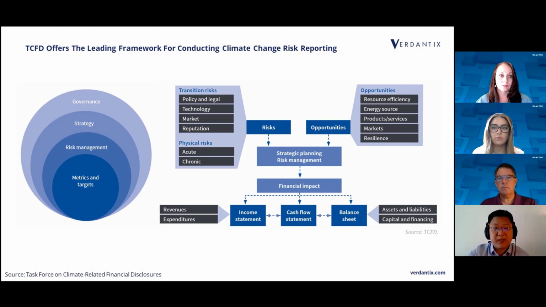So for example, how does climate change affect your ability to access capital and financing? Will you receive favorable interest rate loans as a result of your ongoing business operations? Are certain assets likely to see earlier than anticipated write-offs? Is there an opportunity for you to align your business operations with revenue growth in a 1.5 Celsius degree scenario world?